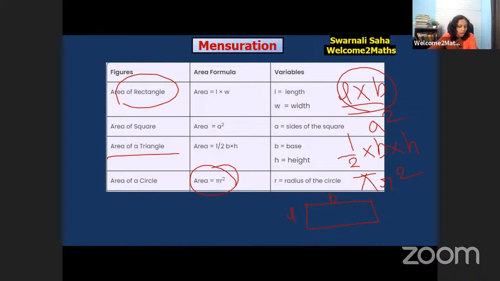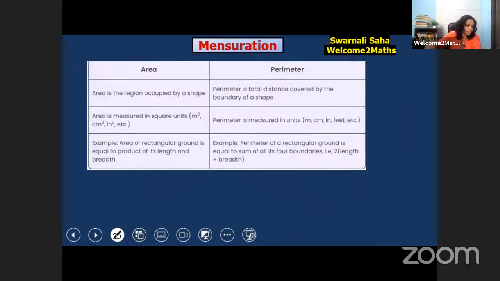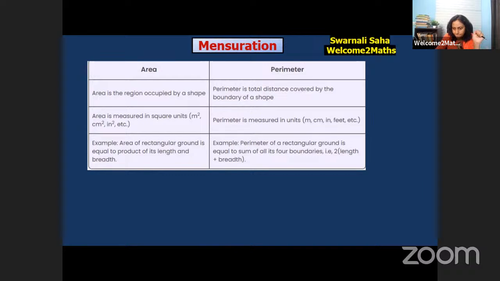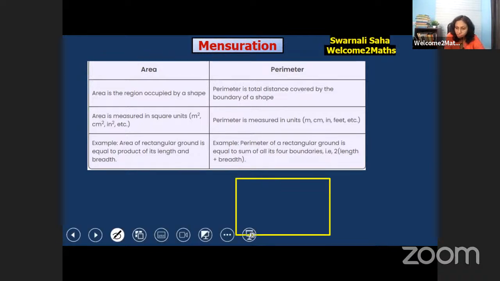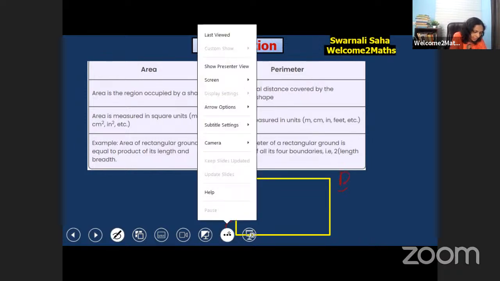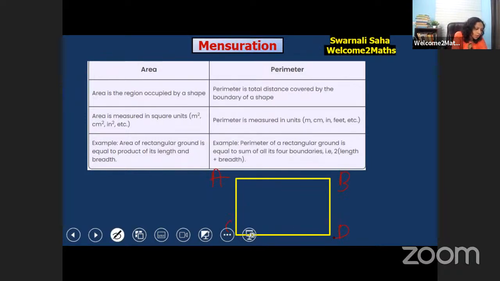Okay, fine. So now, what is the difference between area and perimeter? Here is a rectangle, A, B, C, D. Perimeter is the total distance covered by the boundary of this shape.